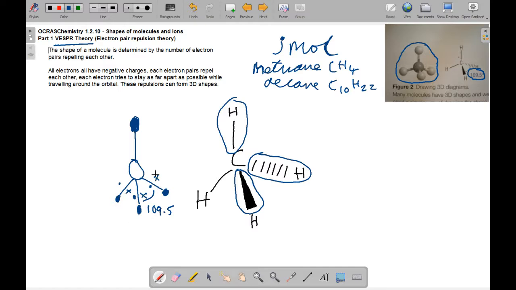Now the number of bonding pairs also affects the angle. So this would be known as tetrahedral, as there are 4 bonding pairs, and 3 of them repel, and they don't all repel equally. So I'll put 4 bp for bonding pairs. They don't all repel equally, so an estimated angle would be 109.5 degrees, and that's where you get the 109.5 degrees from. So moving on to the next part now.